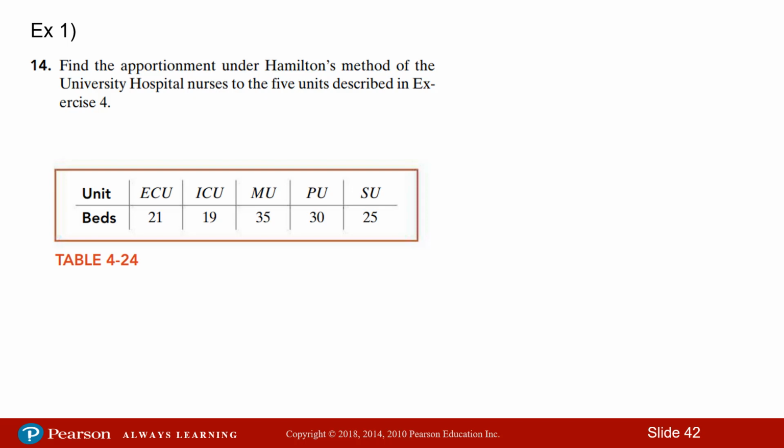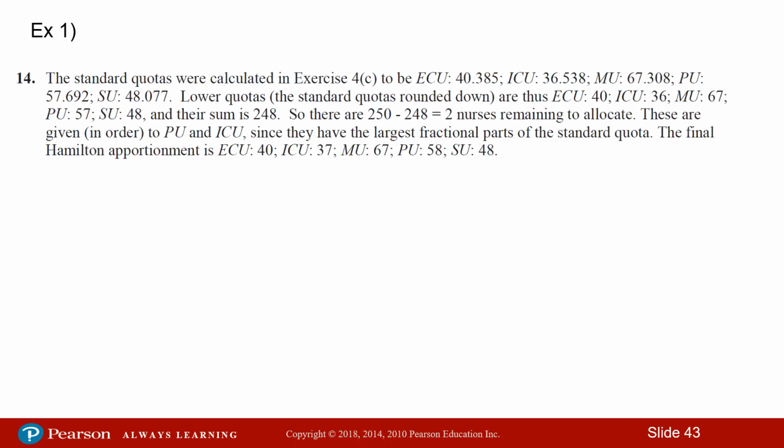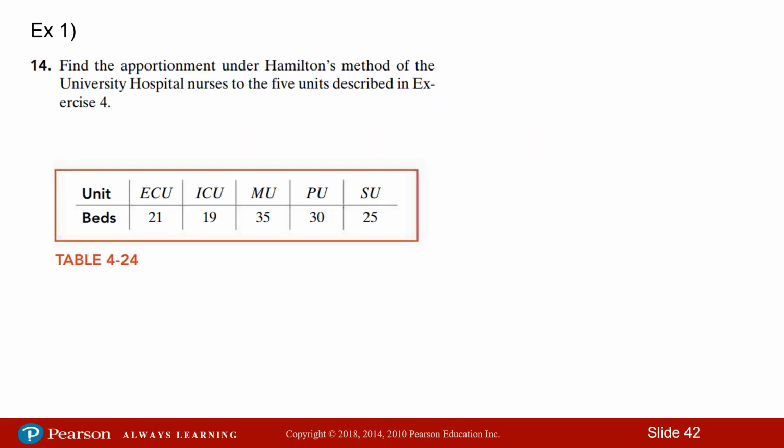Okay, so here it is. Find the apportionment under Hamilton's method of the University Hospital nurses to the 5 units described in exercise 4. Okay, did I build this correctly here? Now I want to make sure. Go back. Let me check if exercise 4 had more numbers there.